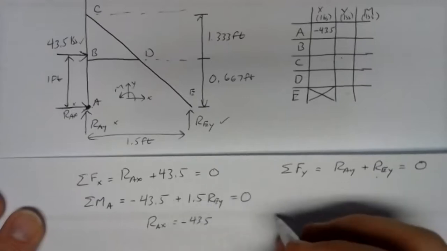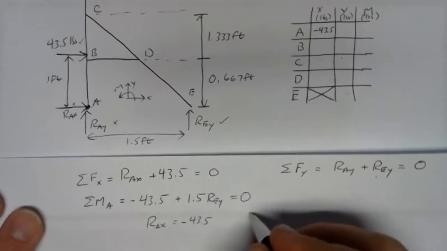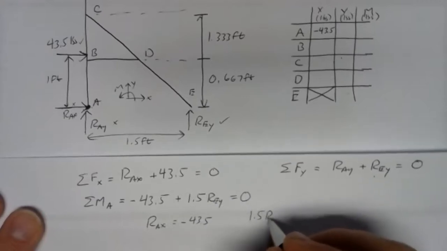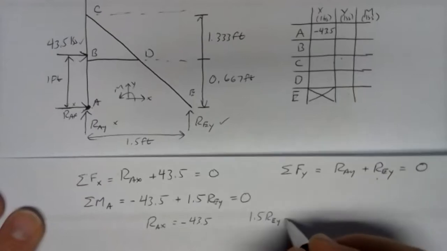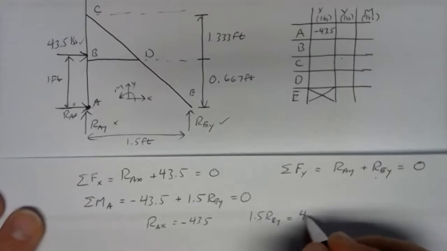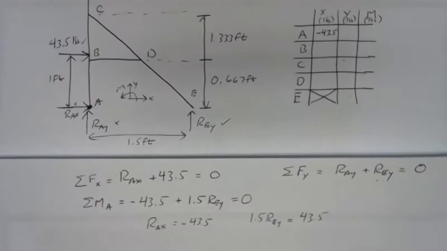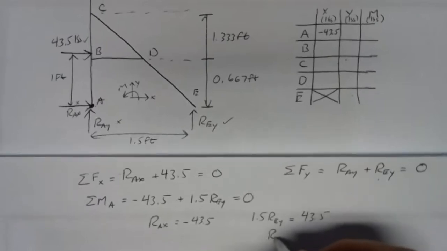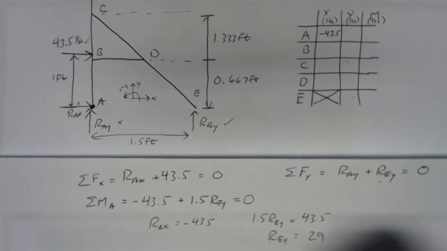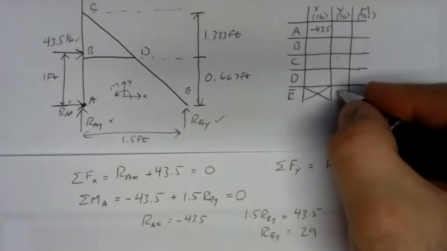If we add 43.5 to both sides, we get 1.5 REY equals a positive 43.5. And dividing both sides by 1.5, we get 43.5 divided by 1.5. That gives us 29. So REY is 29. So we can fill that in over here.